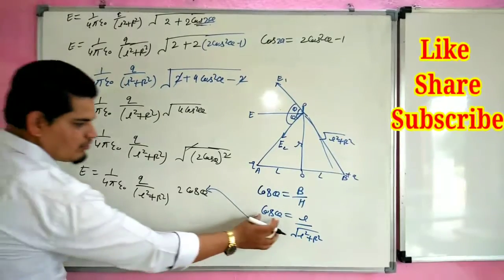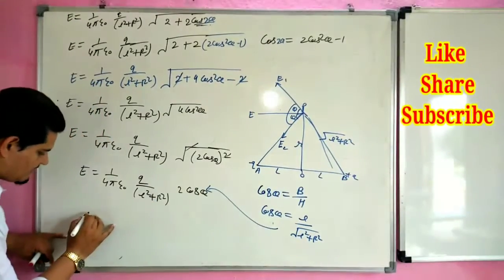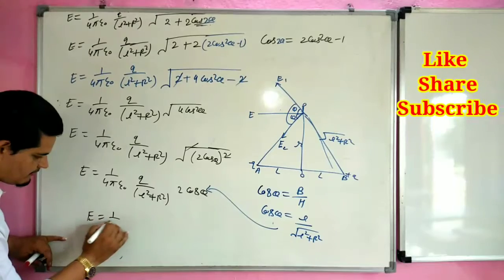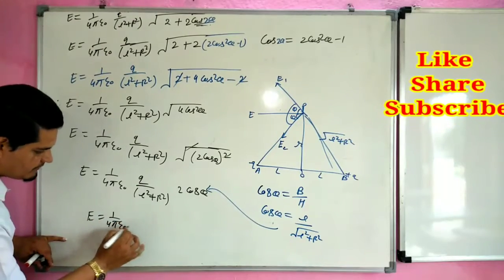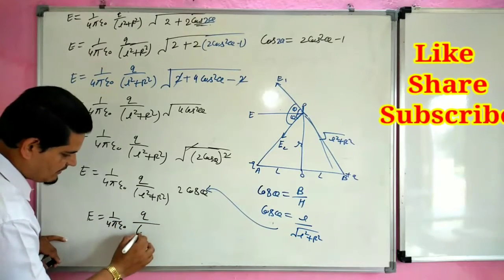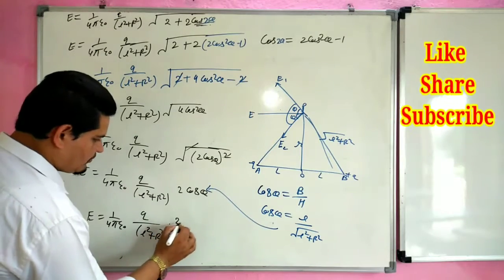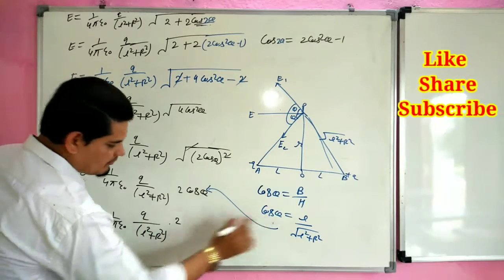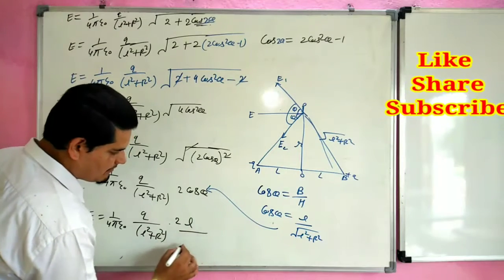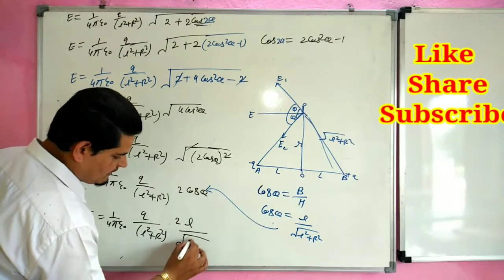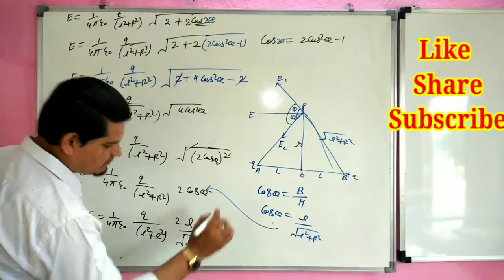After putting the value of cos theta, we will get E equal to 1 upon 4 pi epsilon naught Q divided by (L square plus R square) into 2, and cos theta we put as L upon under root L square plus R square.